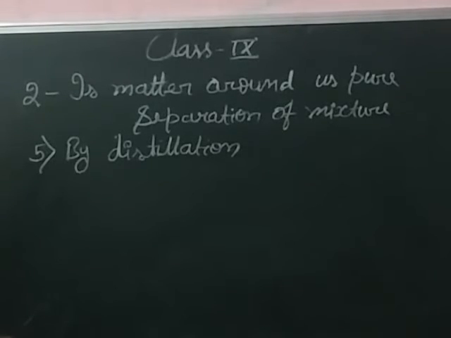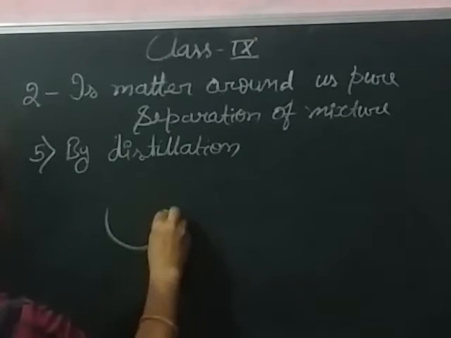In the distillation process, first we take a mixture which we want to separate into its components. First we take the mixture in a round bottom flask. This is a round bottom flask.